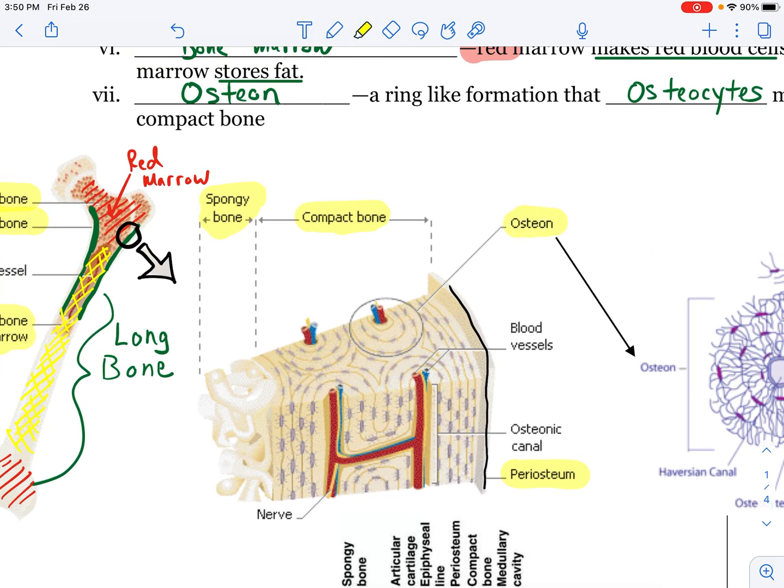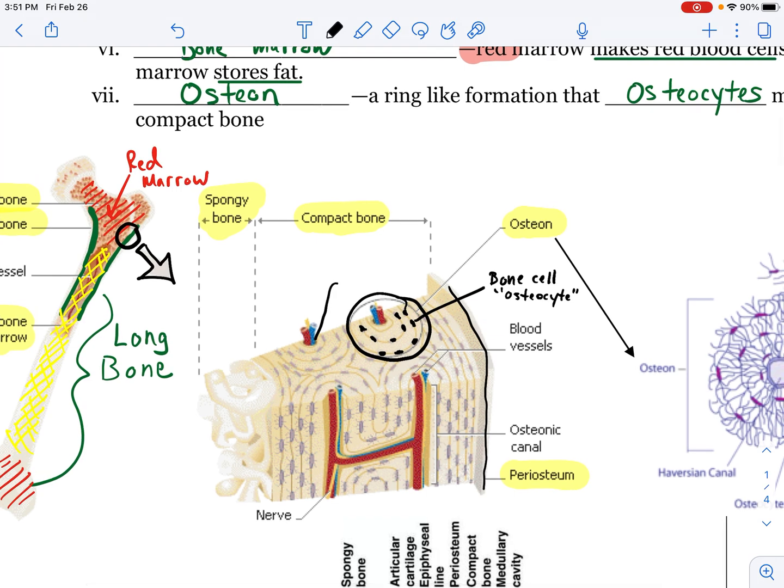An osteon is a circular structure where each little osteocyte has been formed, essentially making the osteon. So each of these little black dots that I'm drawing is one osteocyte. These are the bone cells, and they tend to form these ring-like structures called osteons.